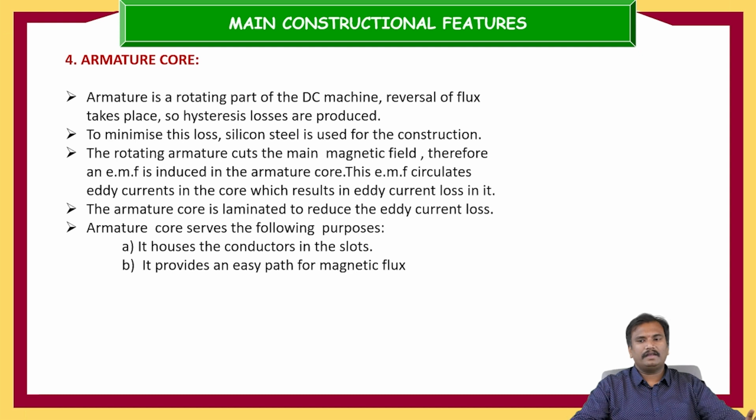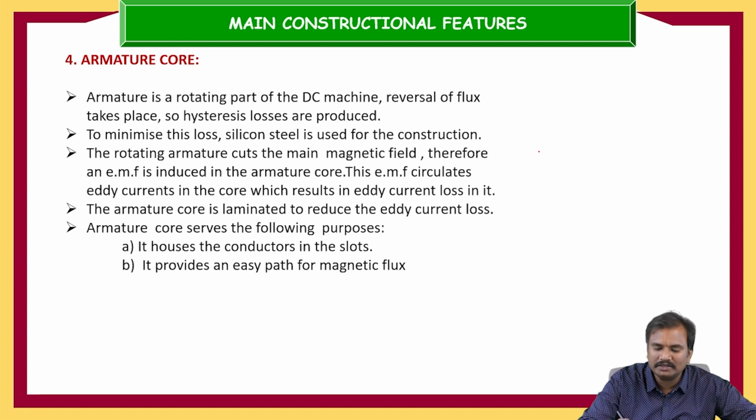And the next one is the armature core, which is a rotating part of the DC machine, where the armature is placed on the rotary part. This armature core is used to place the conductors, and it has some slots where we can place the armature conductors, in order to produce the magnetic flux.